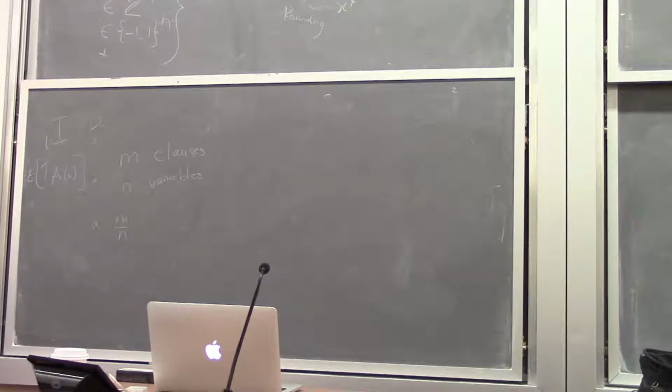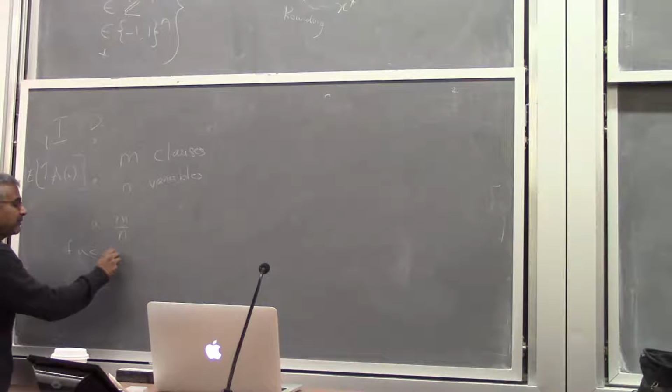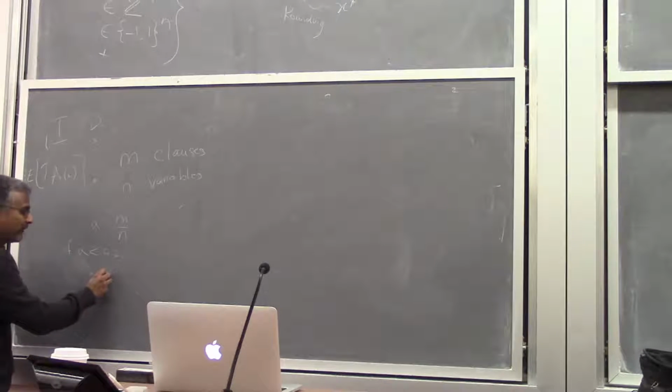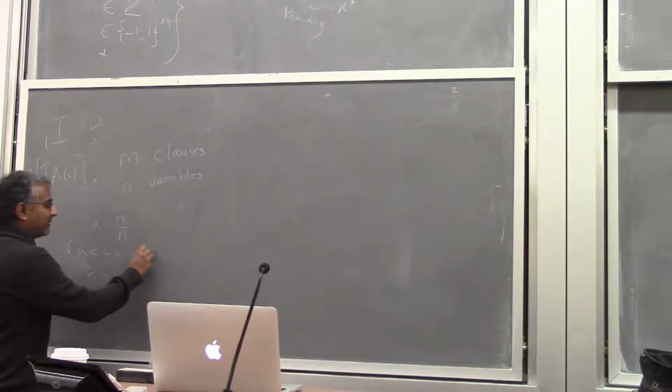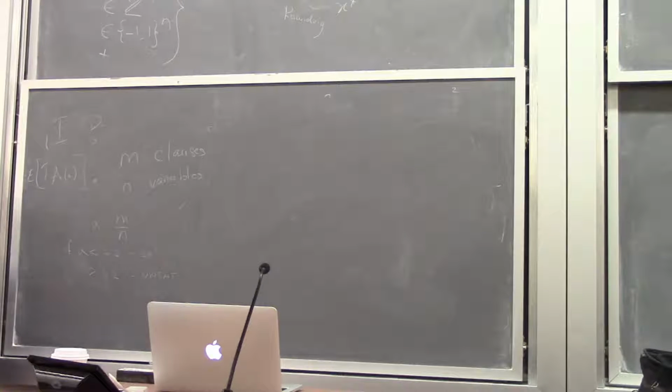Then it's known that if you look at the space of all possible inputs that have m clauses and n variables, and you pick one at random, then if alpha is a little bit less than 4.2, it's going to be satisfiable. And if it's a little bit more than 4.2, it's going to be unsatisfiable. So random SAT is very easy in some sense. Just look at the ratio, and now you know with very high probability which side it's going to be on.